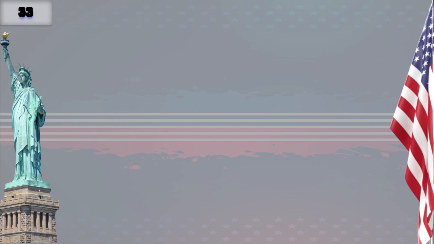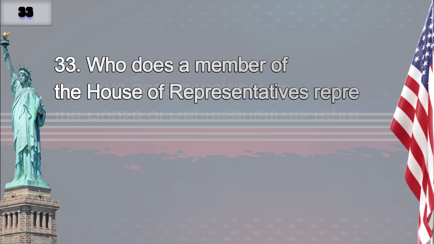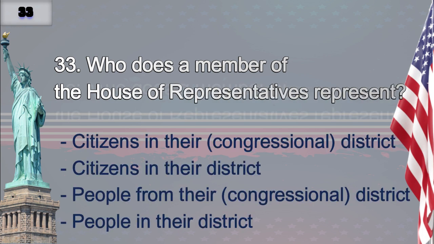Question 33. Who does a member of the House of Representatives represent? Citizens in their congressional district. Citizens in their district. People from their congressional district. People in their district.